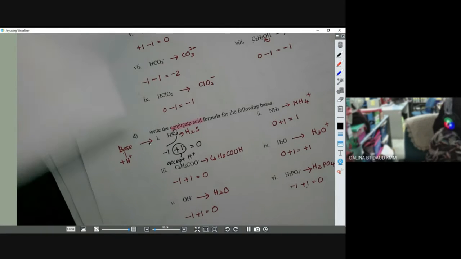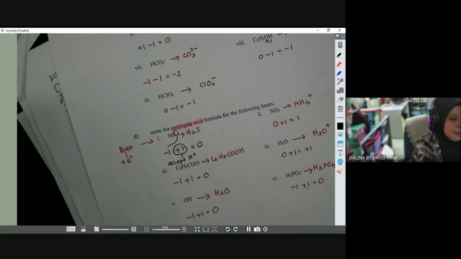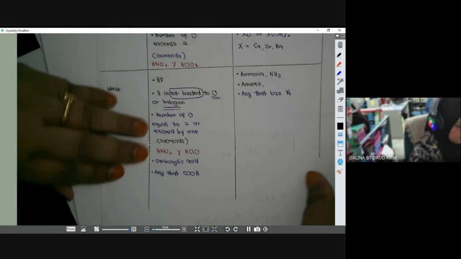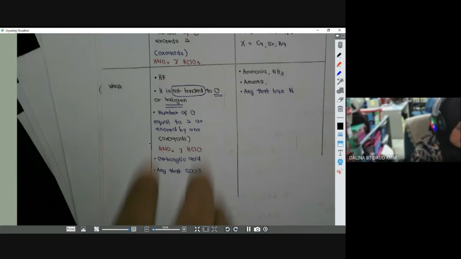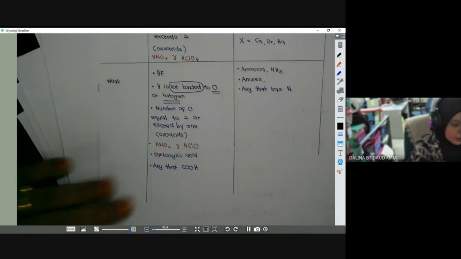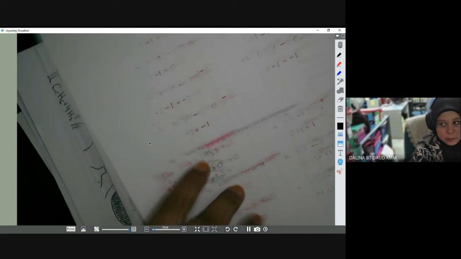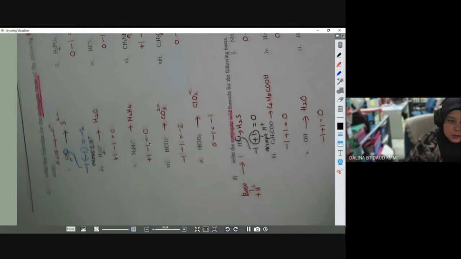Okay, nota yang ini semua dah salin kan? Yang ini nak snapshot ke? Tak nak. Semua dah ada dah.